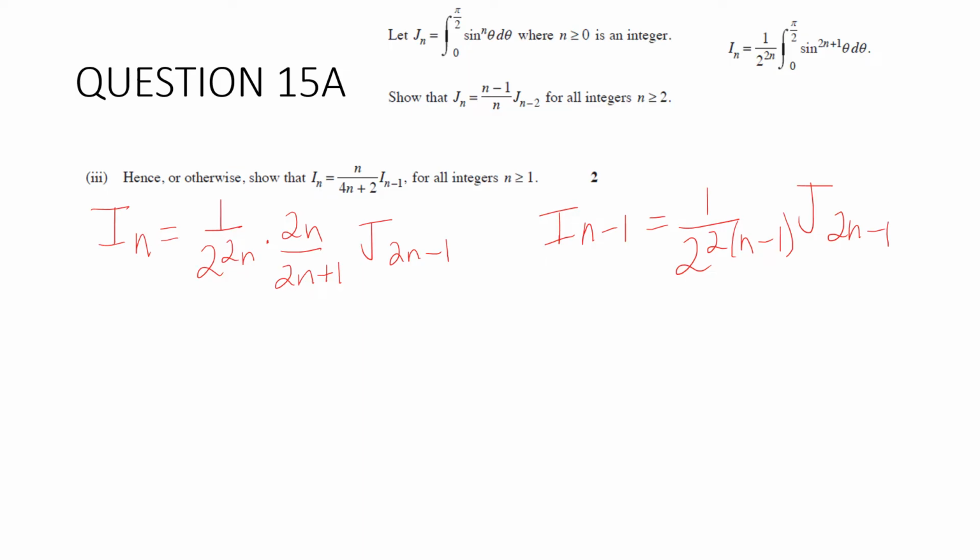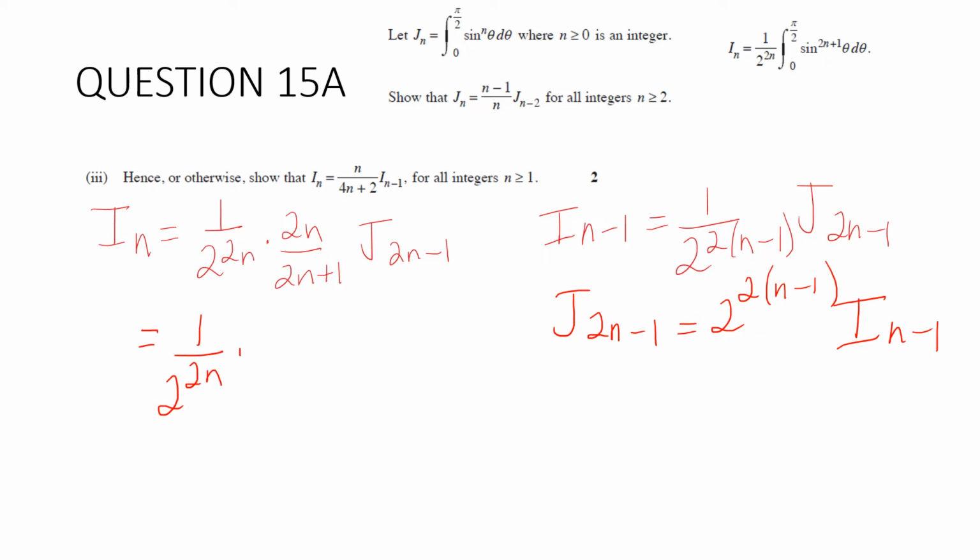Let's make J 2n minus 1 the subject. And we're going to have 2 to the power of 2 brackets n minus 1 I n minus 1 is equal to 1 over 2 to the power of 2n times 2n over 2n plus 1 multiplied by 2 to the power of 2 brackets n minus 1 I n minus 1 equals, wow, what a mess. Let's just rewrite that bit there.